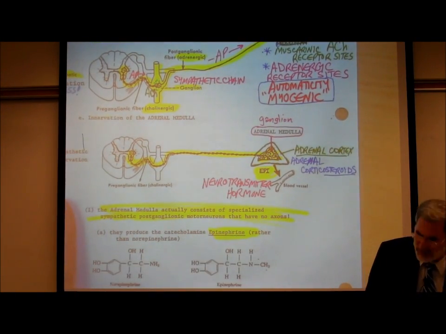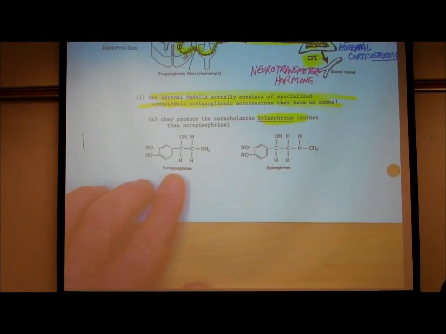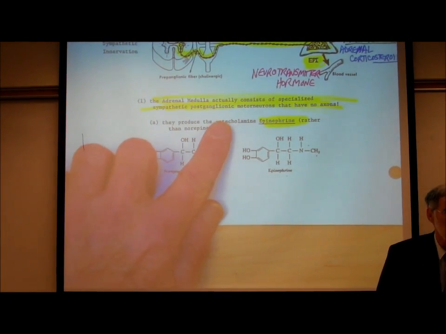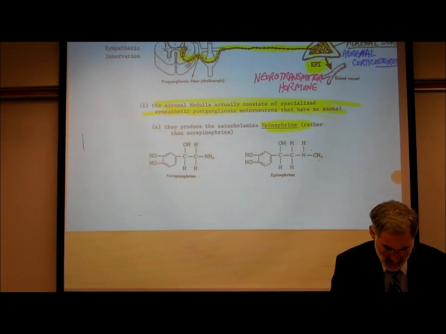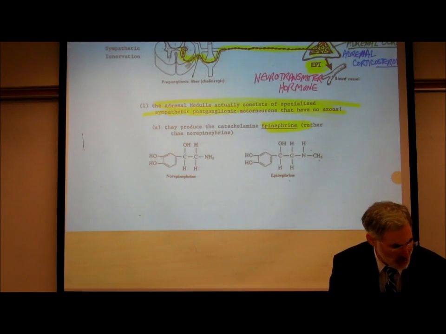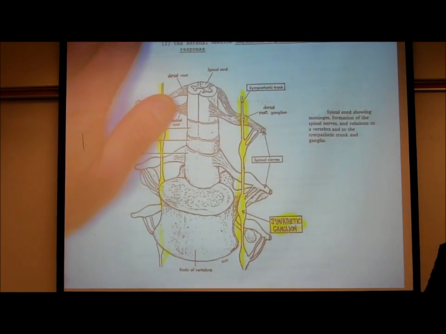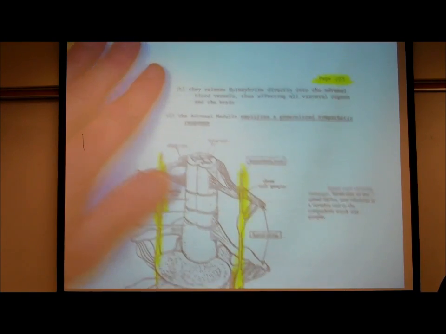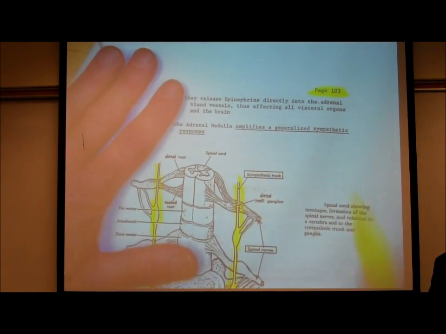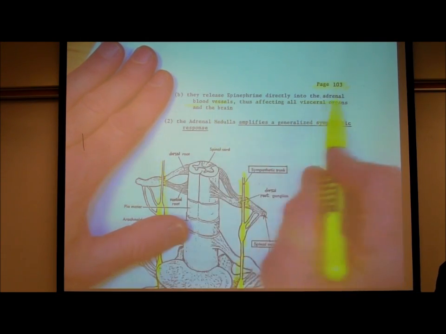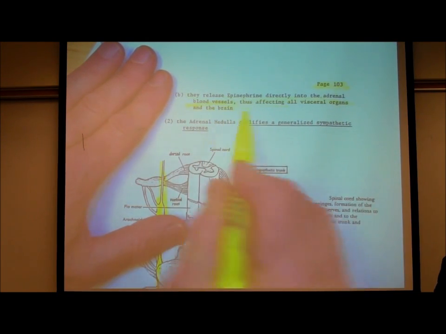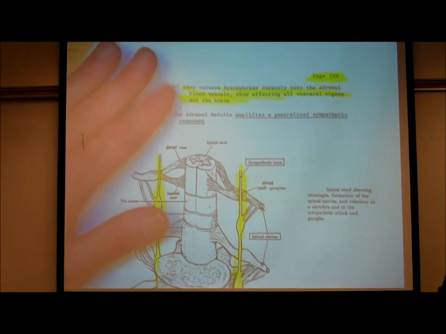Now, what's the purpose of it? Well, we know that epinephrine chemically is very similar to norepinephrine. They're both catecholamines. We learned that back on page 61. And the purpose of this, as I wrote on page 103, is that the epinephrine is released into the bloodstream, and thus it affects all the visceral organs of your body and the brain.